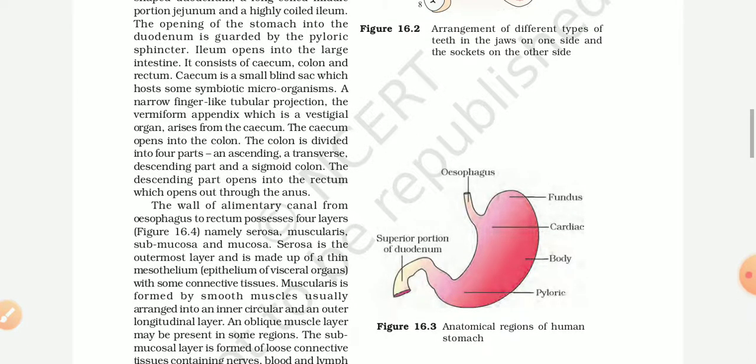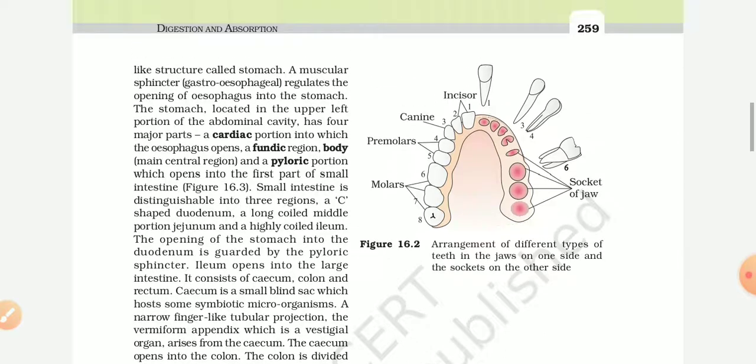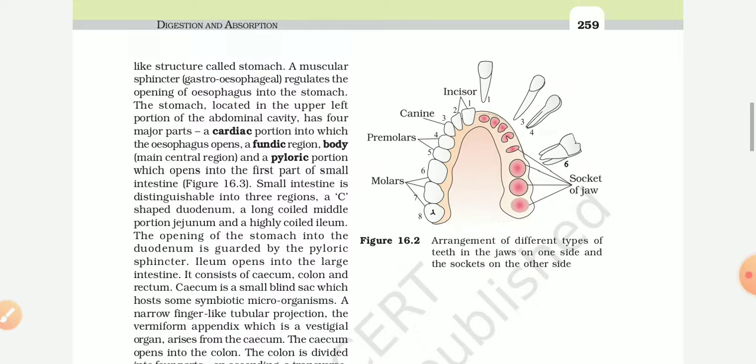We will also see the pictures. So here you can see that. We will again describe that paragraph. In the case of stomach, the opening of the esophagus into the stomach is regulated by a sphincter, the gastroesophageal sphincter.